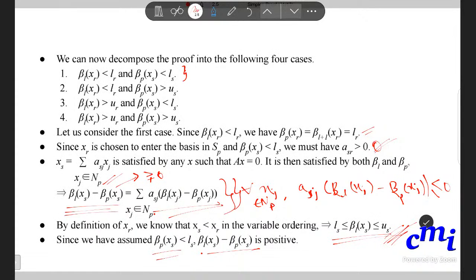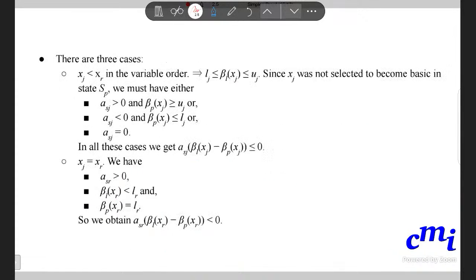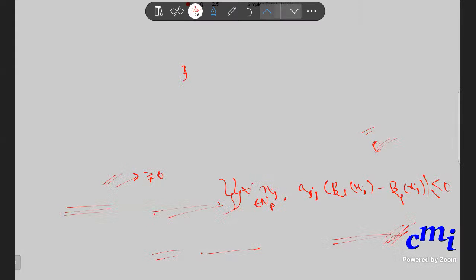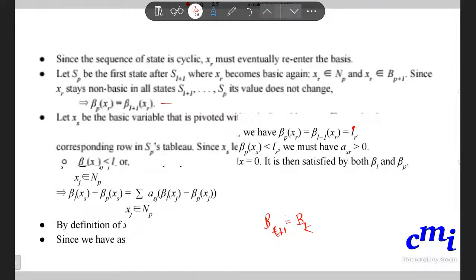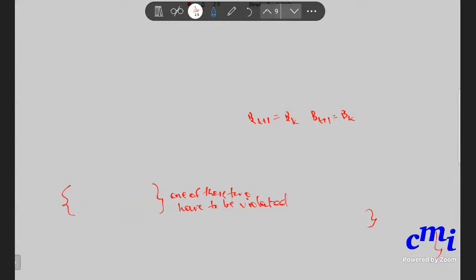And now since xj was not selected to become basic in state sp, going back to the algorithm, that shows that ASJ is greater than 0 and beta P of xj is greater than uj, or ASJ is less than 0 and beta P of xj is less than or equal to lj, or ASJ is equal to 0. This we get from the algorithm. You have to show where you get it, because it was being violated. So this is the algorithm.